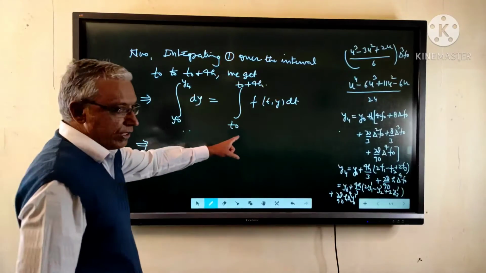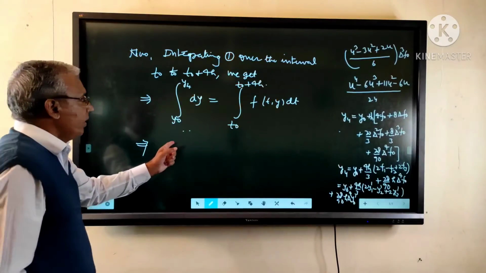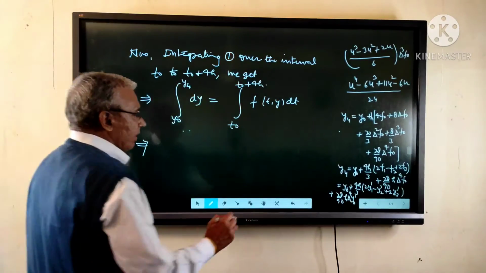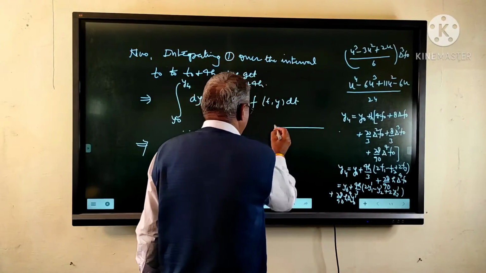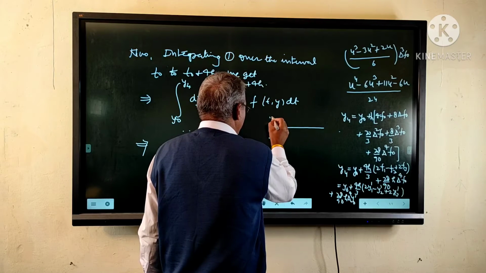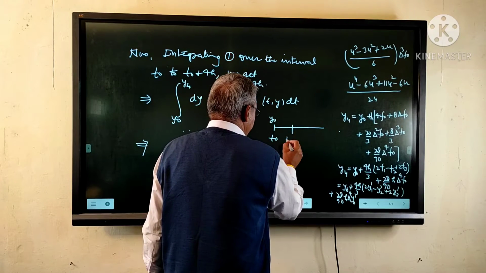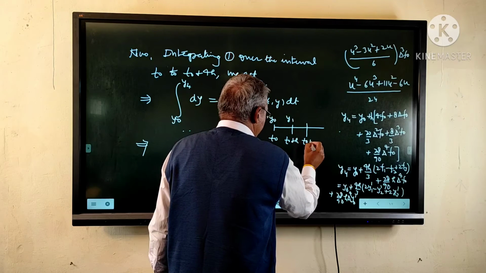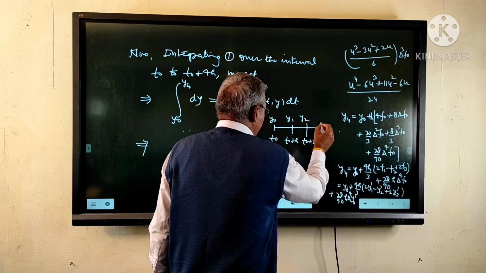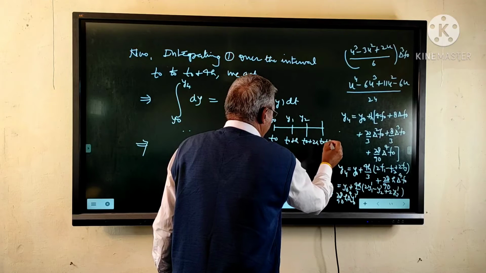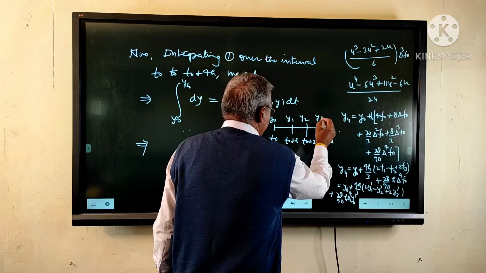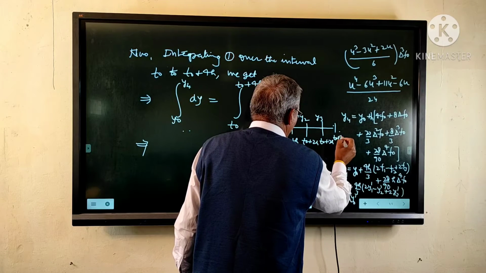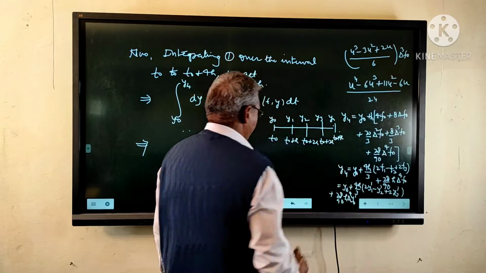When t equals t0, then y equals y0, or when t equals t0 plus 4h, it is y4, because when t equals t0 this is y0, when t0 plus h this is y1, or t0 plus 2h it is y2, and t0 plus 3h this is y3, and t0 plus 4h this is y4.